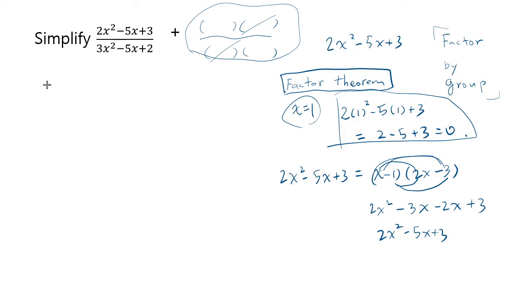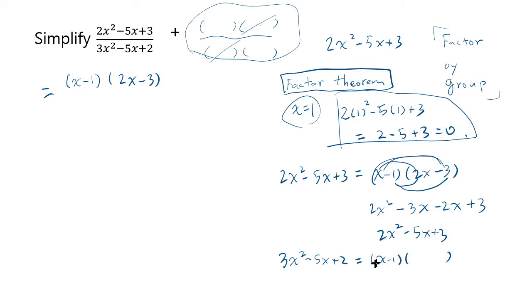So we can say this fraction, at least the top part, can be replaced by x minus 1 times 2x minus 3. Now, do you notice that the bottom one also has this property? 3 minus 5 plus 2 is 0. So again, we can play the same game and say 3x squared minus 5x plus 2 is equal to x minus 1 times something.